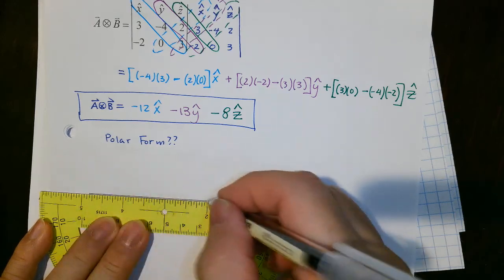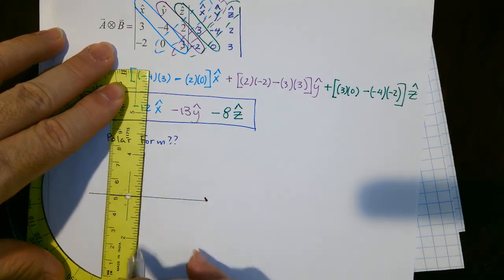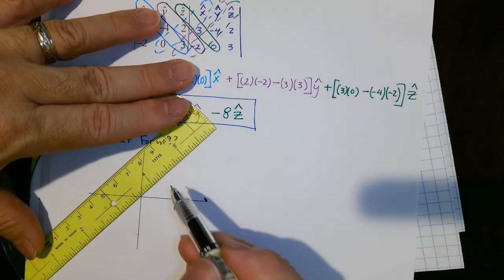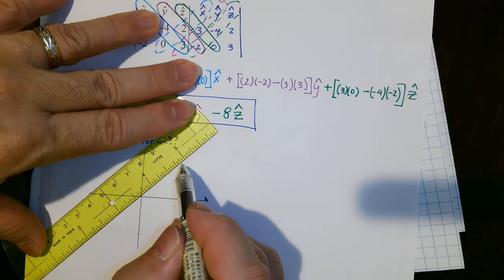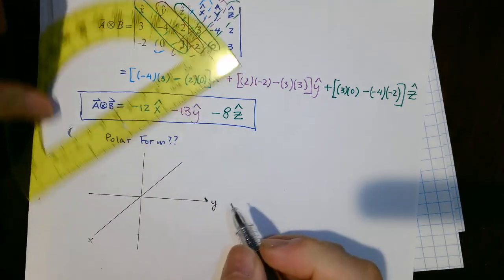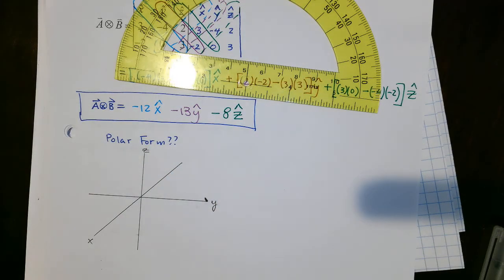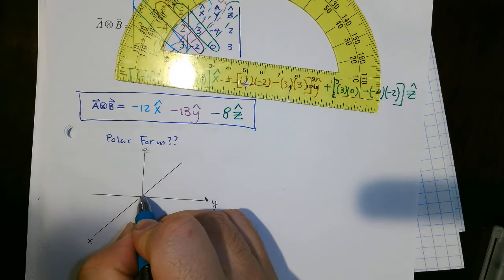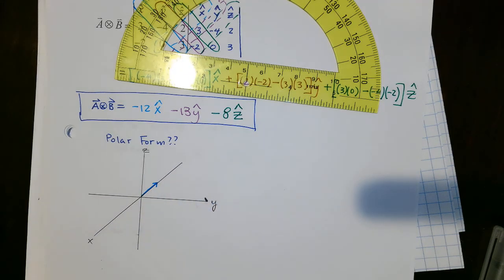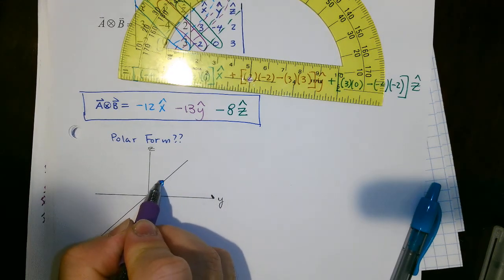First of all, it's going to be in the third quadrant because you've got negative x, negative y, and then it will be below the xy plane. So if this is your x, this is your y, and this is your z, you will have negative 12 this way, and then you have negative 13 in the y direction. So I'm going to go this way.